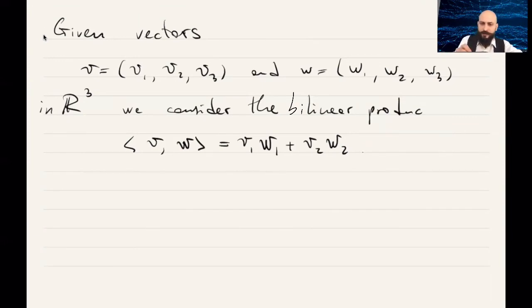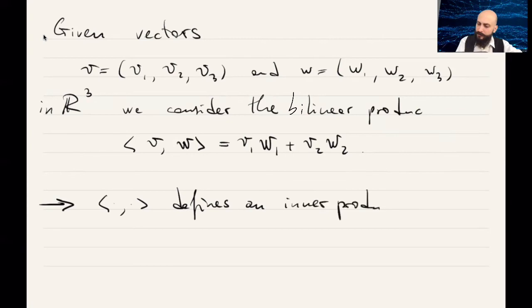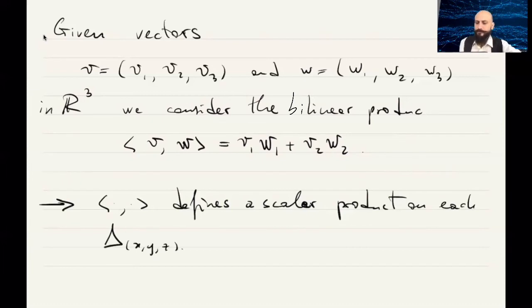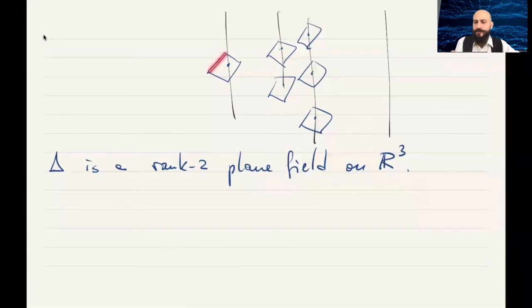Okay, so what I want to say is that this map defines an inner product. Let's call it scalar product, on each delta x, y, z. So in each of these spaces, we have defined a scalar product.